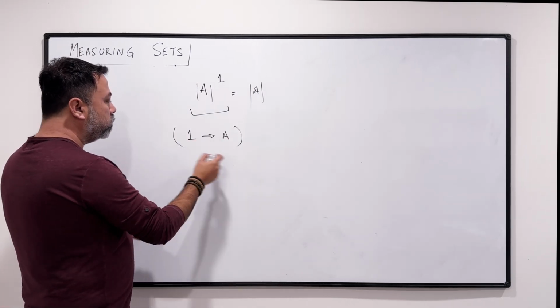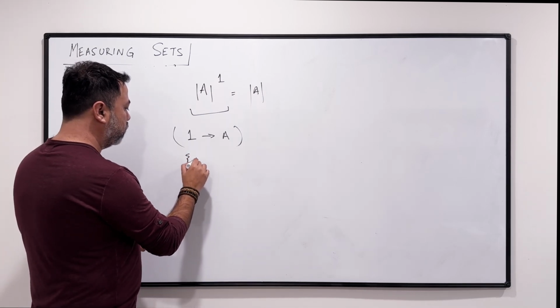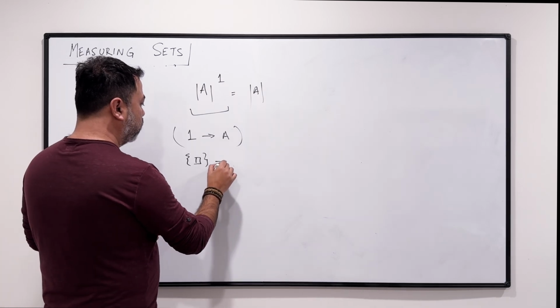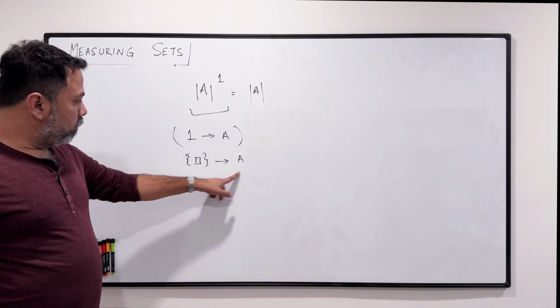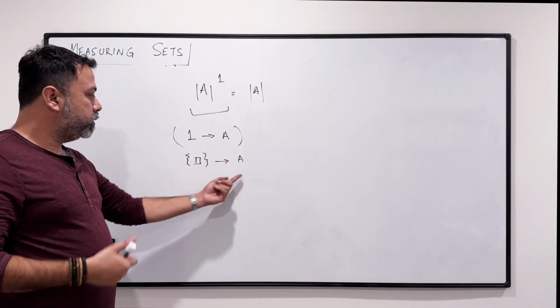So in other words, there's a set of functions that takes a distinct box element to this set A. Now, if you think about it, how would you define a function that goes from a single element set to A?